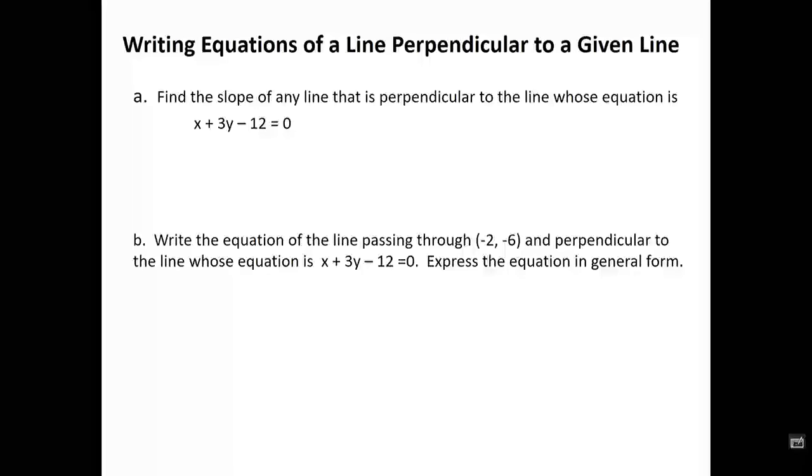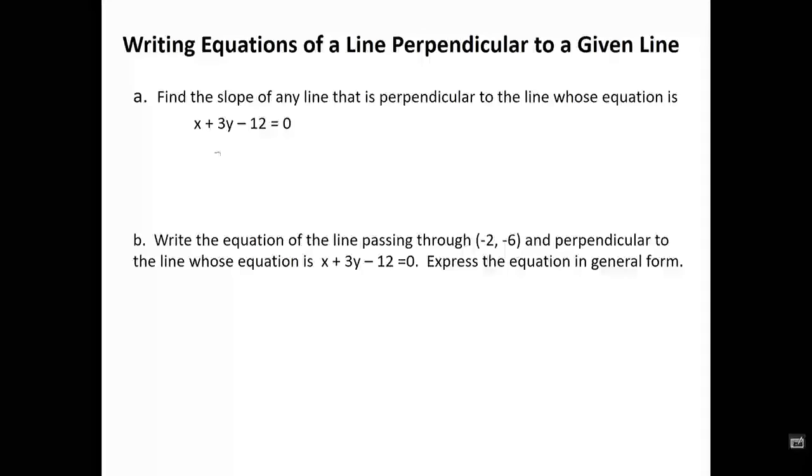In this example, we would like to write an equation of a line perpendicular to a given line. The first part of the problem involves finding the slope of any line that is perpendicular to the given line. So let's first find the slope of the given line. In order to do that, we need to solve for y.